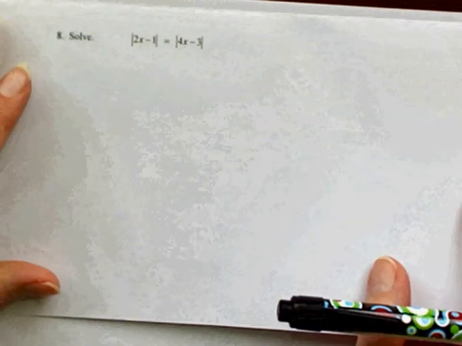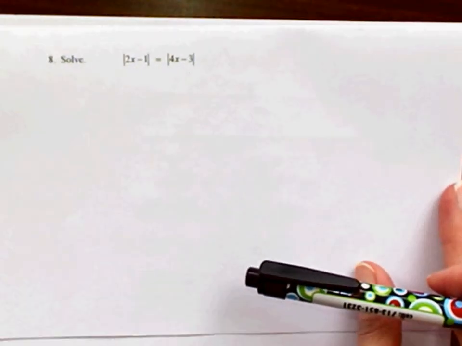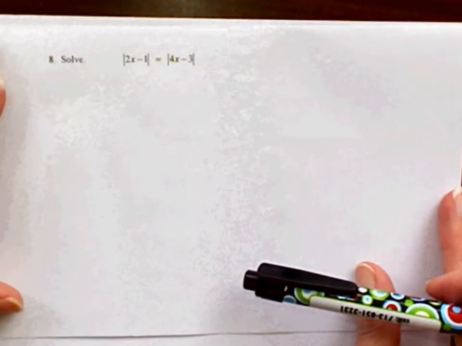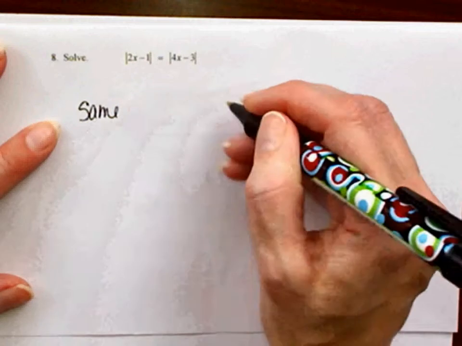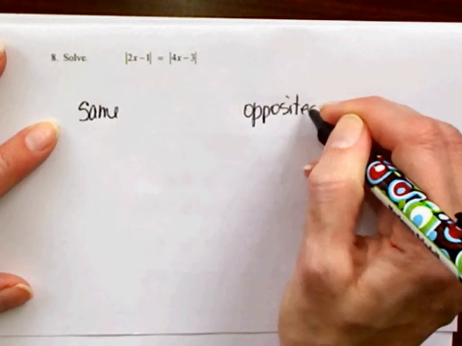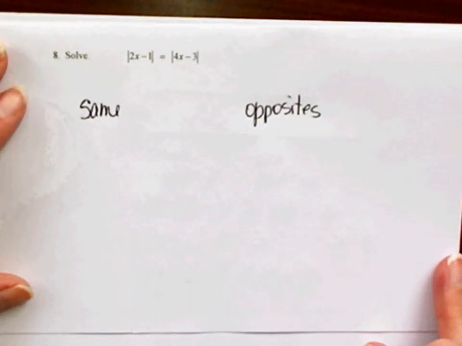Alright, problem 8. Notice we're dealing with two absolute values. So we've talked about in class, that's going to be referencing same as well as opposites. So same and opposites.